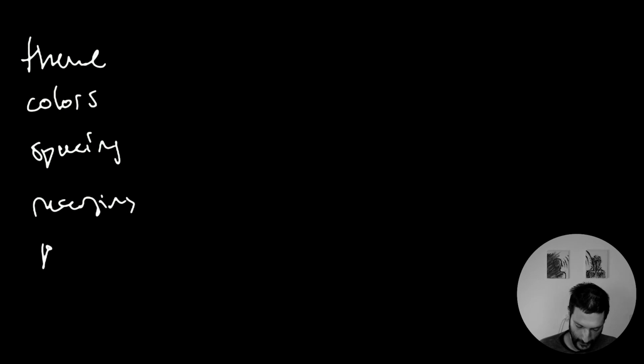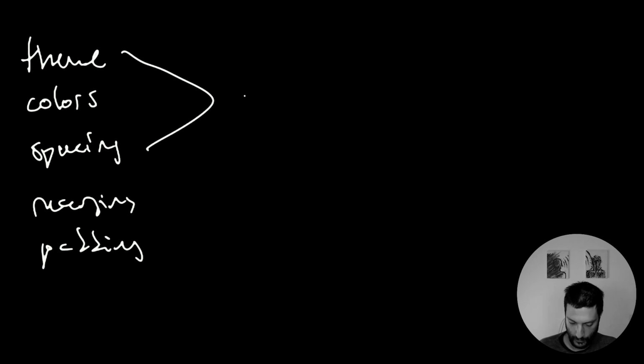Of course, in the end, we already covered these kinds of things in previous videos. But for example, you should think about a theme. You should think about your colors. You should think about your spacings, right? And of course, you should think about margins and paddings, and these three can be abstracted, right?